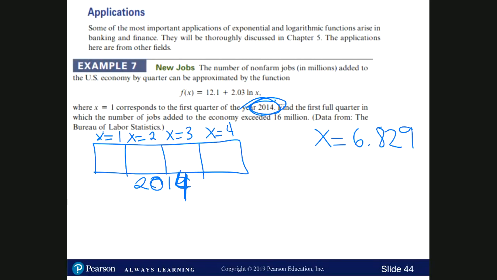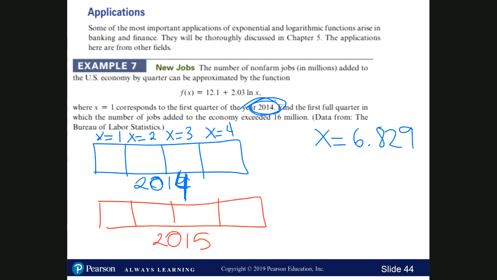And so if we move on to the next year, which will be 2015, the first quarter of 2015 will be represented by x equals 5, then x equals 6, then x equals 7, and then x equals 8.